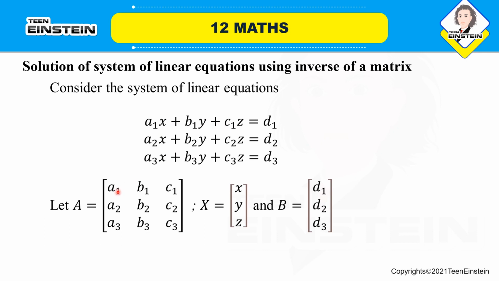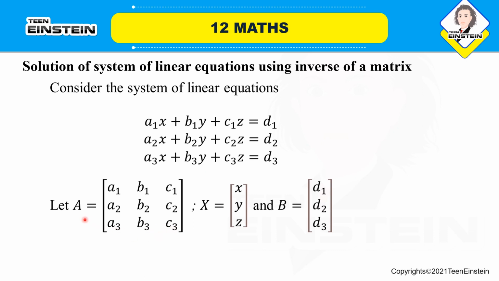So that is the first row here. And write the coefficients of x, y, z from the second equation. It is a2, b2, c2. That is your second row. Next, coefficients of x, y, z from the third equation. They are a3, b3, c3. So this is the third row.